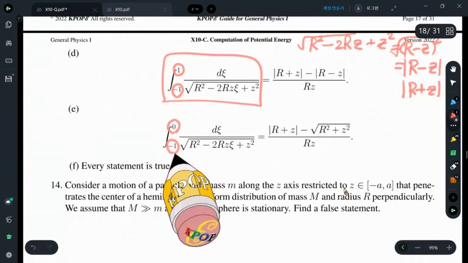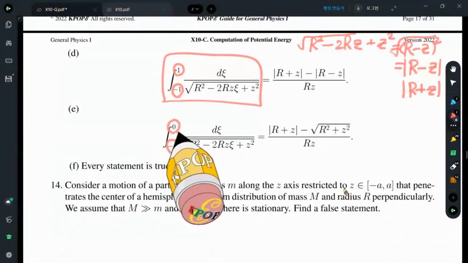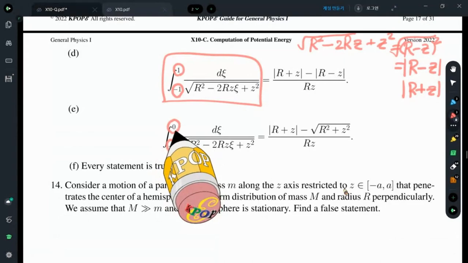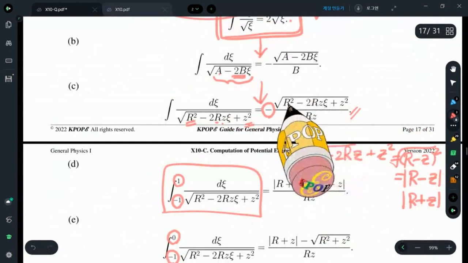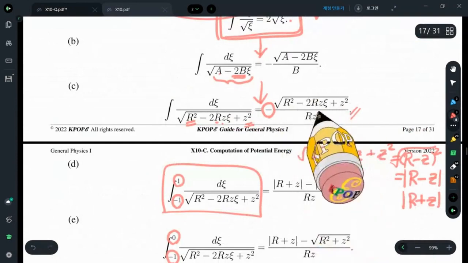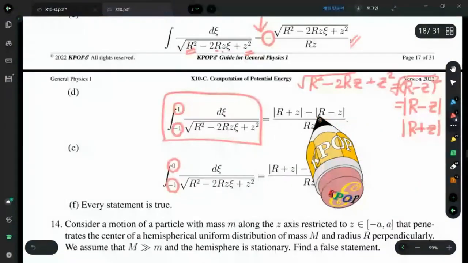Sometimes we need to evaluate this integral with the upper limit replaced with 0. If we substitute 0, what I get is R squared plus Z squared. The linear term disappears.